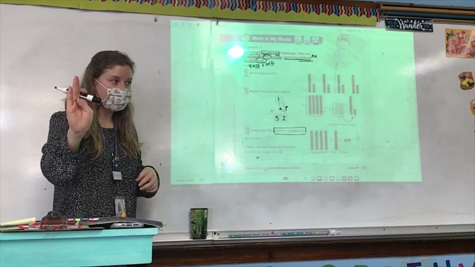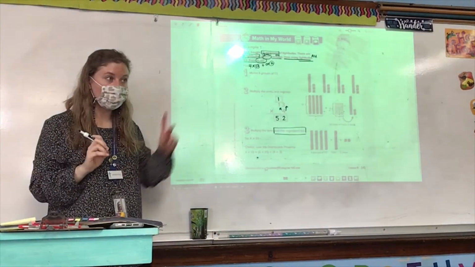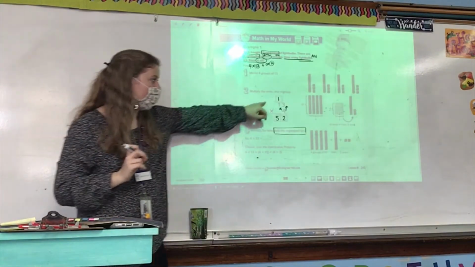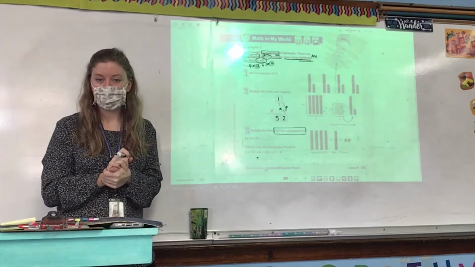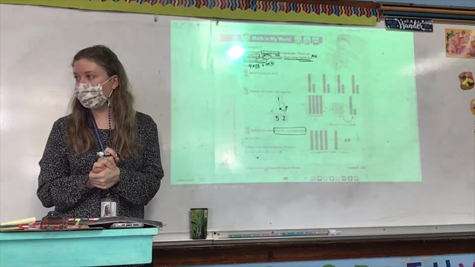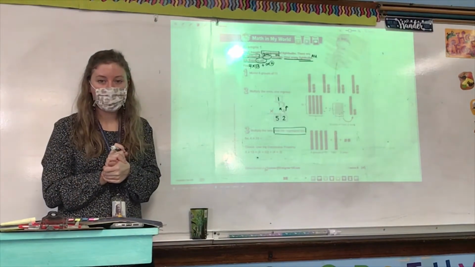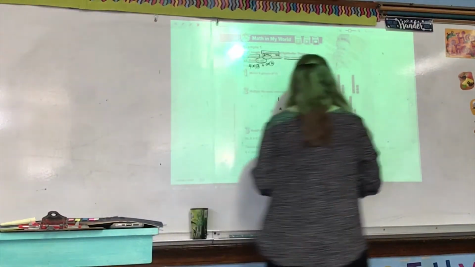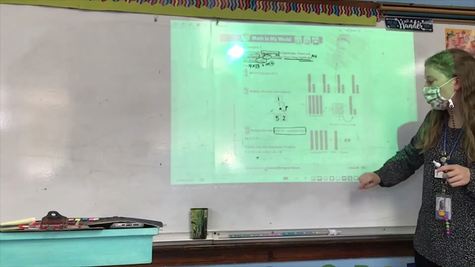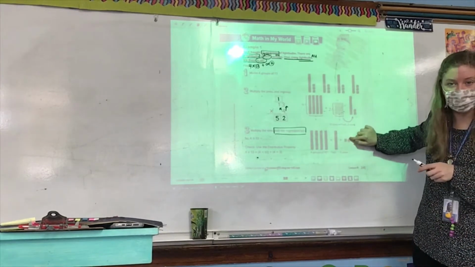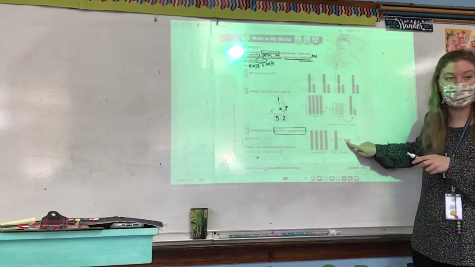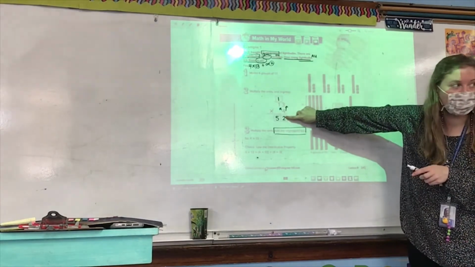Finish writing, then pay attention because I'm going to show you why we add instead of multiply by that regrouped number. So write that answer, write that 5. And now let's look at this model. We know we already have 2 ones. We're done with these 2 ones in this model, right? Because we've got them right here in the ones place.